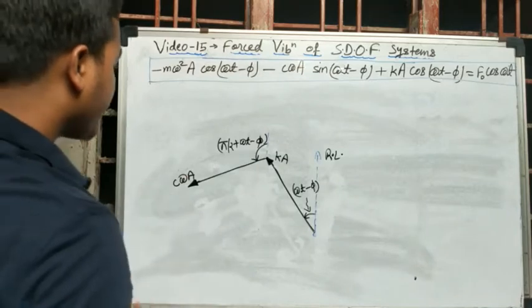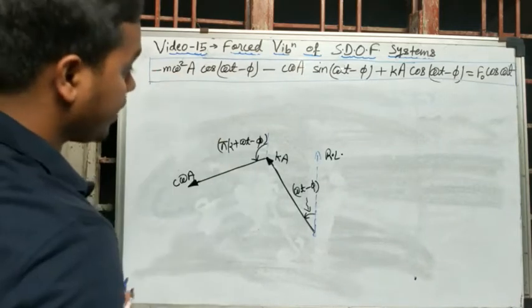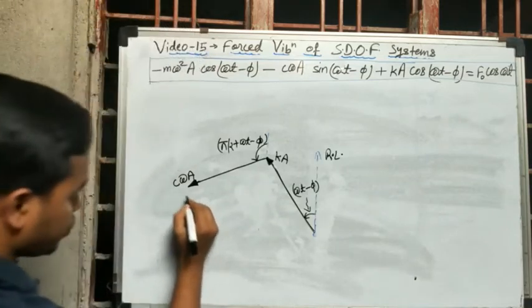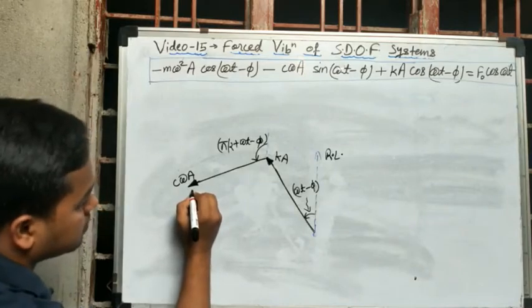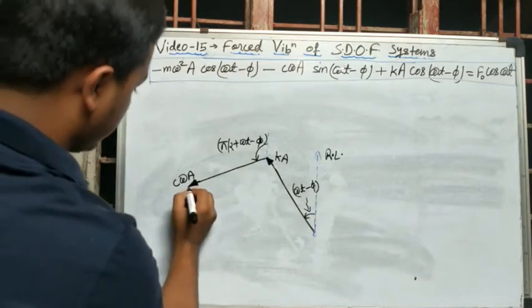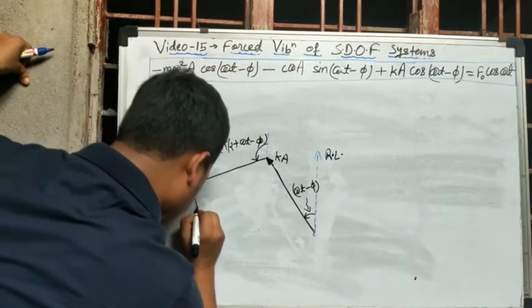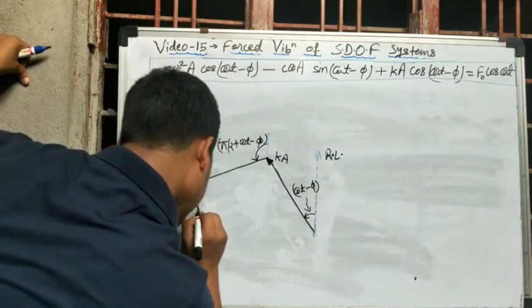Now after c omega a, we had a force minus m omega square a, which was exactly parallel to Ka. So I should draw a line parallel to Ka. Is it parallel? Yes.